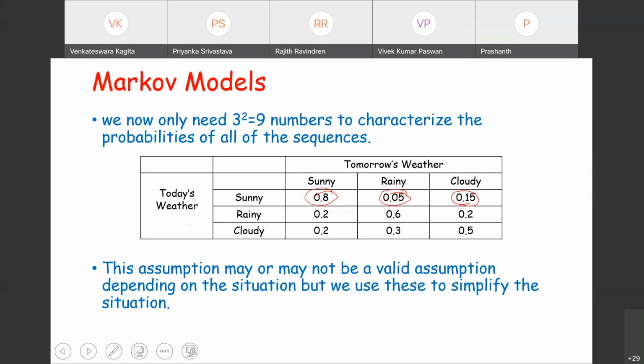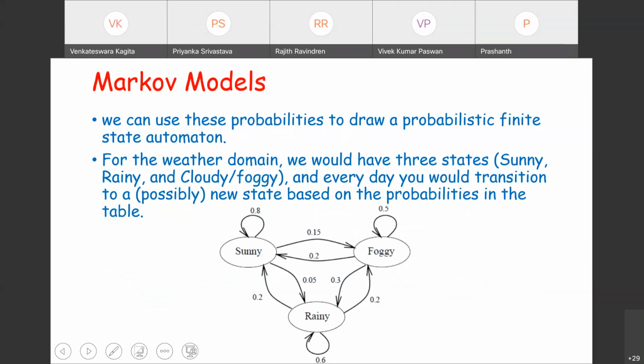This can also be represented using a state diagram like this. We can use the probabilities to draw a probabilistic finite state automaton, in which the states are the different weathers: sunny, foggy, which is equivalent to cloudy in our case, and rainy.